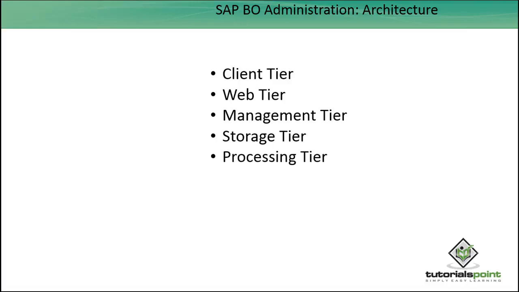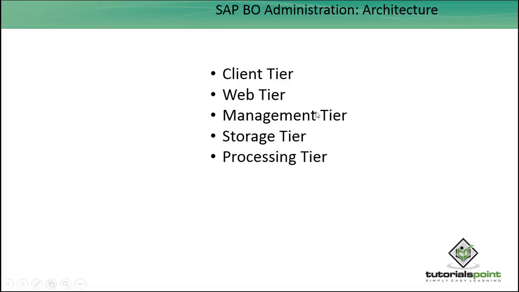Then we have the output file repository server, which manages the reports created by the system. The storage tier also handles report caching, which is useful for running the reports and saving system resources when users access the reports.